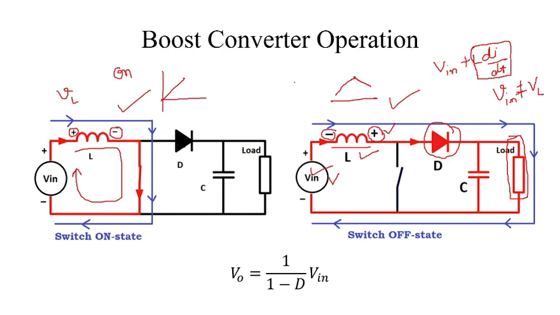So in all cases, Vout is greater than Vin. In all cases, the output voltage is always greater than the input voltage. That's why it is called a boost converter. The output voltage is always greater than the input voltage.